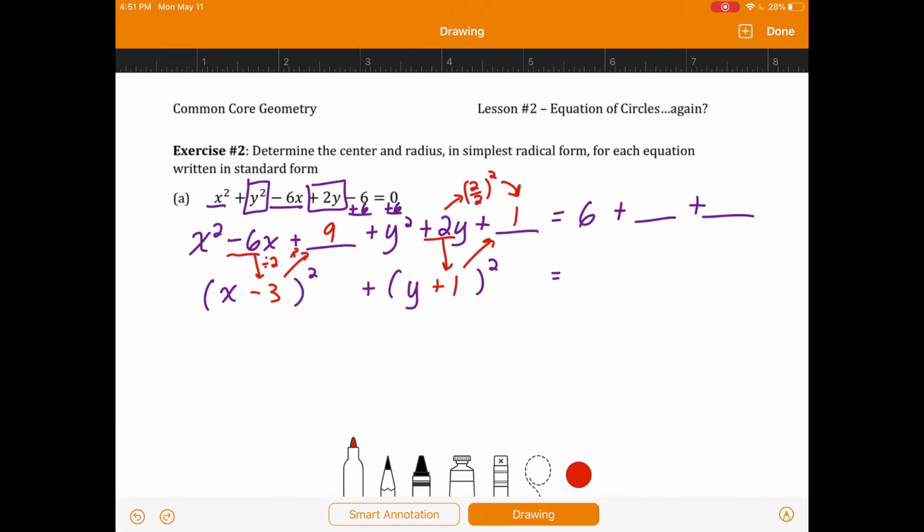And once you put in the 9 and the 1 here, you have to make sure you put it in over here as well. And then you're going to end up getting 16 on this side. So now we've completed the square in less steps. And that's the way that I usually do it, because I like to write the least amount as possible while still showing exactly what I did.